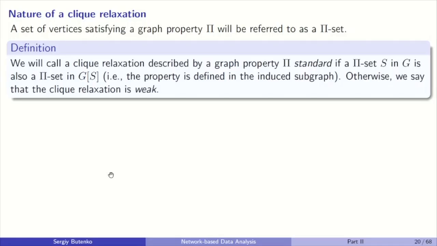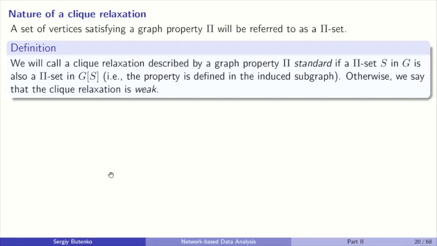It's just a formality that allows us to use it generally instead of individually for each relaxation. So let's call whatever property we are considering pi capital, right? Then the subset of vertices that we have in this definition, we'll just call it pi set instead of saying S-defective clique, S-plex, and so on.